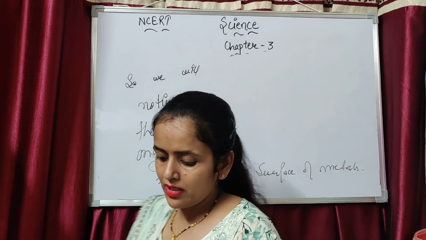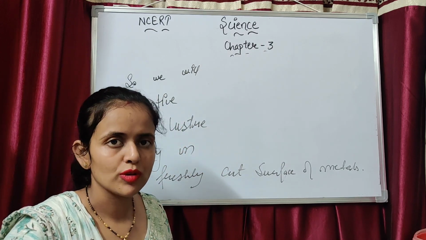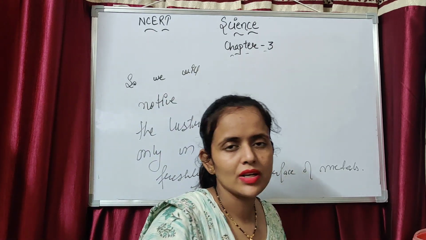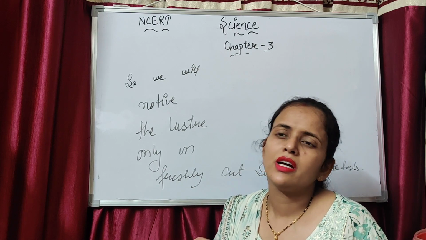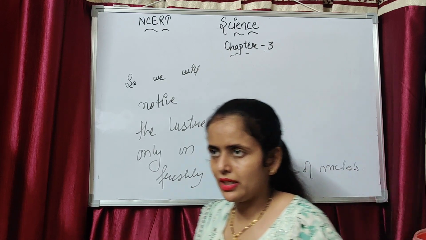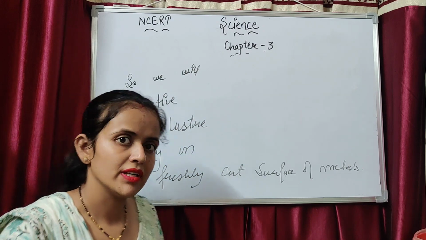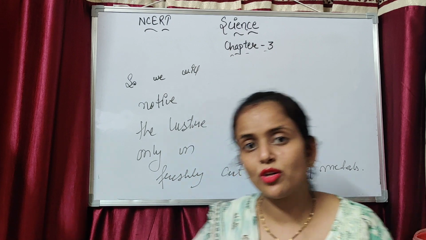So for today it is enough. The next property we will discuss tomorrow. So let's revise. Firstly, we learned about the objects around us. The objects surrounding us are different in shape and different in materials. One object can be made with different materials and one material can make different objects.